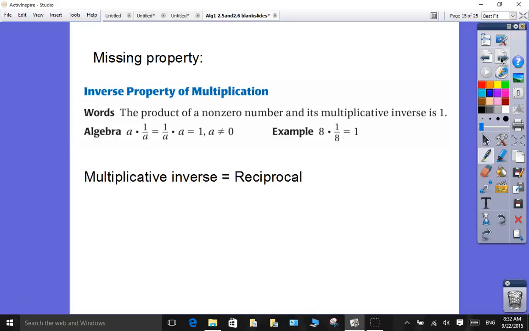Okay, so understand these are multiplicative inverses, and it's an inverse because when you multiply them together, you produce 1. Right? That's the identity element. And usually, I haven't seen that they've come up with this word, but most of the time, for the multiplicative inverse we use the word reciprocal. Reciprocal means a multiplicative inverse.